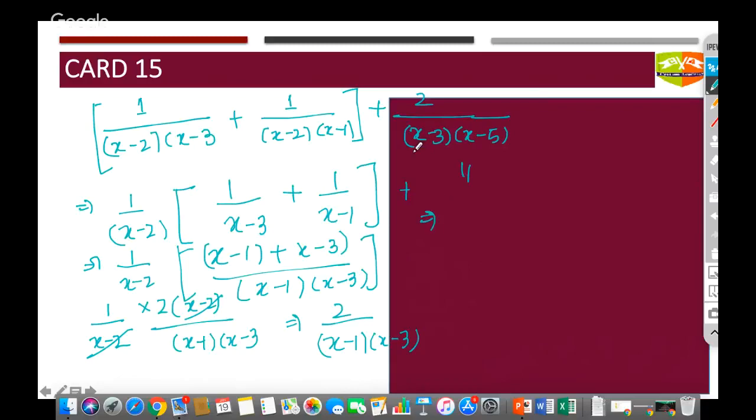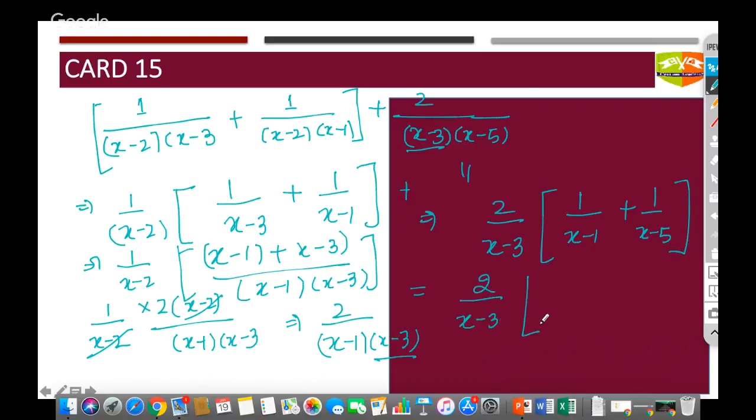So here also you can see in the denominator, x minus 3 and x minus 3 are equal. So I take 2 divided by x minus 3 common, and what is left out is 1 divided by x minus 1 plus 1 divided by x minus 5. This is equal to 2 divided by x minus 3 times (x minus 5 plus x minus 1) divided by (x minus 1) multiplied by (x minus 5).